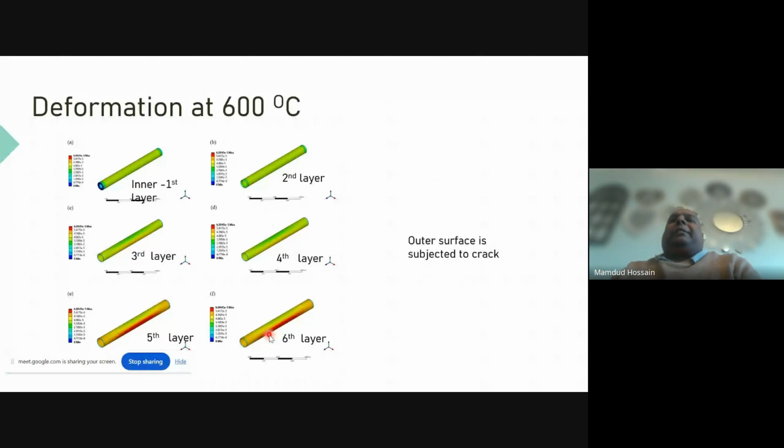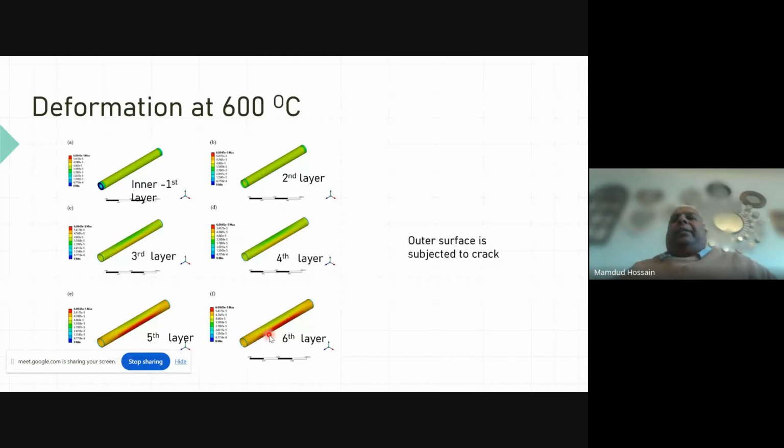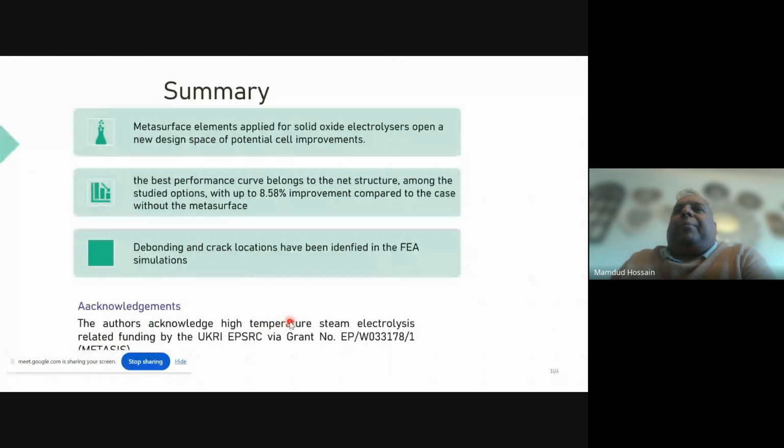So in our experiment, we also observed, after running this tube for hydrogen production, that there is a lot of crack on the outer surface, and we can see from our modeling also it is subjected to deformation, and of course it can be subject to crack, because the three different materials we put on top of each other don't have the same thermal expansion coefficient. That's a challenge, to find material having the electrochemical property as well as thermal property.